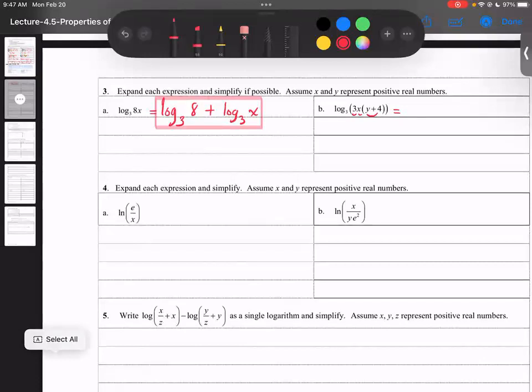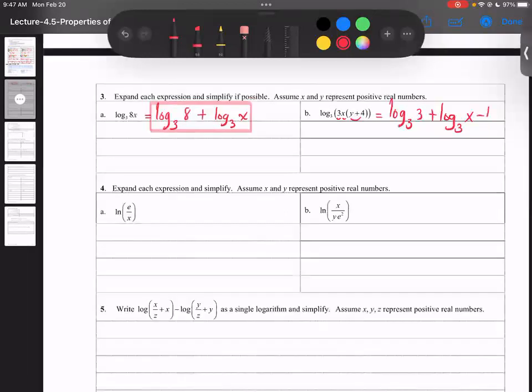They all multiply. So log base 3 of 3 plus log base 3 of x plus log base 3 of y plus 4. The last 2, nothing I can do, right? The letter and the number. And again, do not distribute the log, okay? It's tempting, but it's not true.